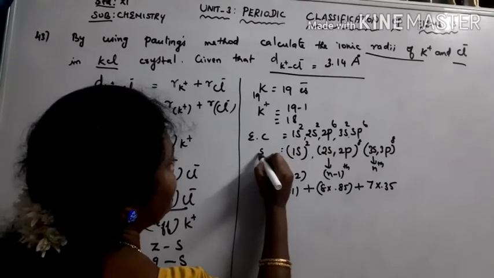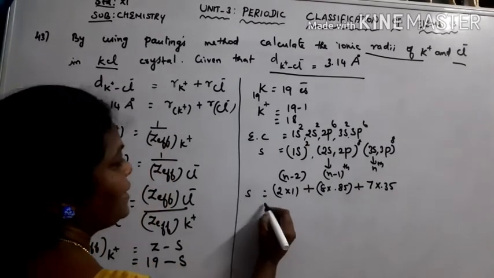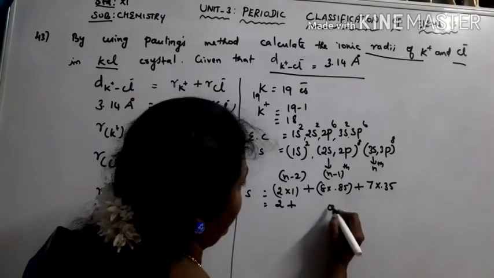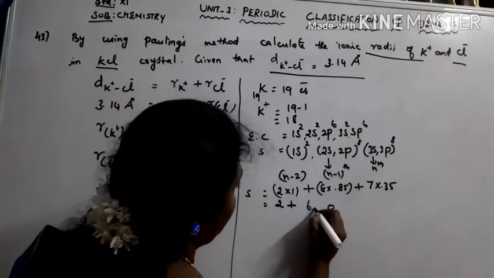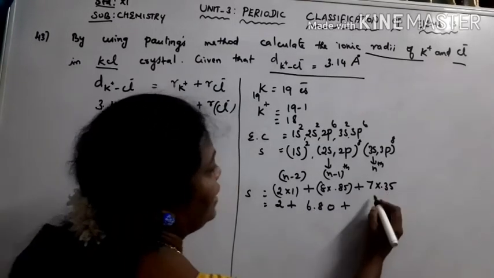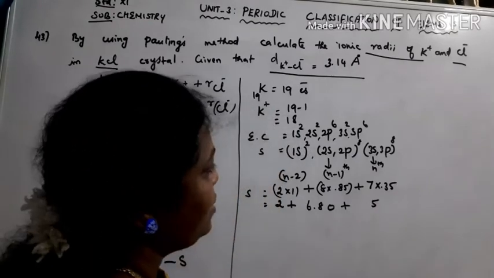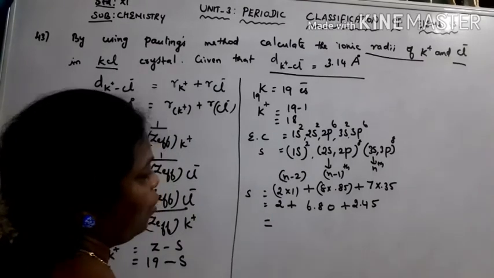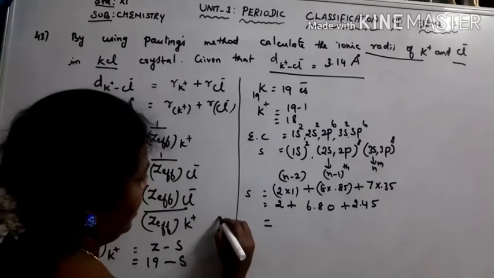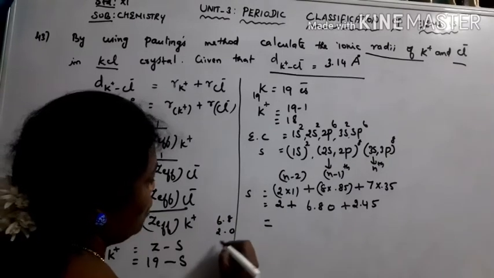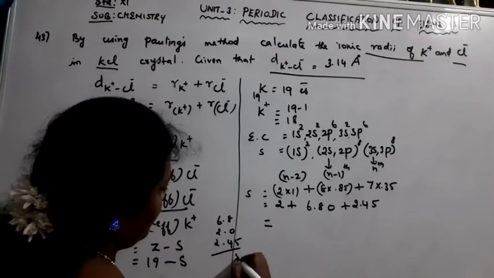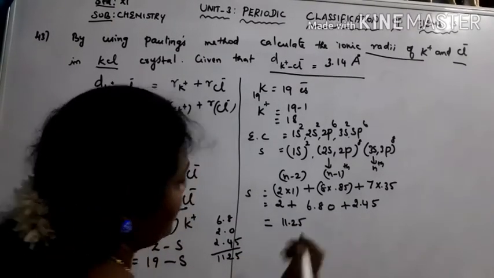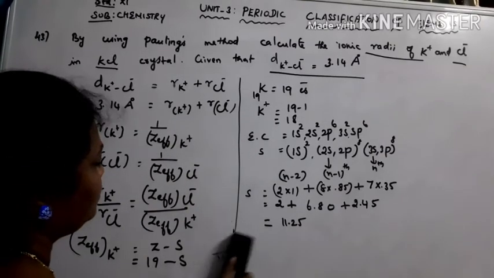Now we are going to calculate the screening constant for all these. S equals 2 plus 8 into 0.85, which is 6.80, plus 7 into 0.35, which is 2.45. Now let us add all these together: 2 plus 6.8 plus 2.45 equals 11.25.